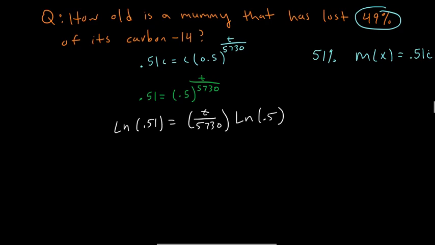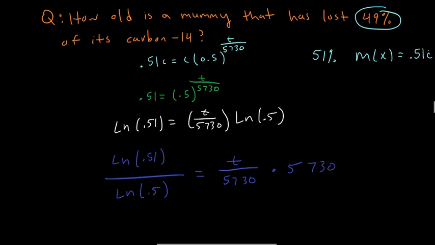And so from there, hopefully we see we want to divide the natural log of 0.5 out. So you'd have the natural log of 0.51 divided by the natural log of 0.5, and that equals t divided by 5,730, right? And then to solve for t, multiply by 5,730.